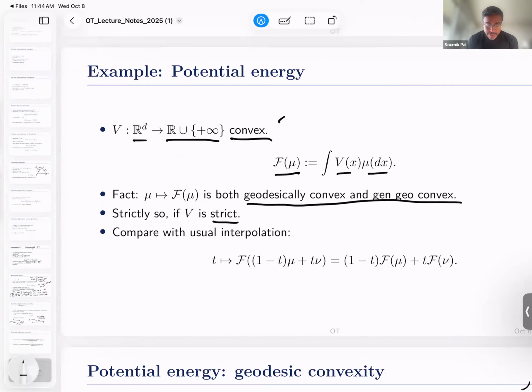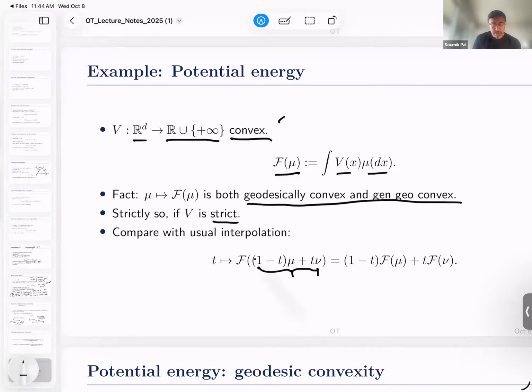Now, I want to stress that there is a natural way that you can draw curves between probability measures. If I have two probability measures mu and nu, a natural way is to take what is called a mixture distribution. So what is a mixture? You toss a coin, with the probability of heads being t. If it is heads, you pick nu. If it is tails, you pick mu, and you just draw a curve, which is just a linear interpolation between mu and nu.